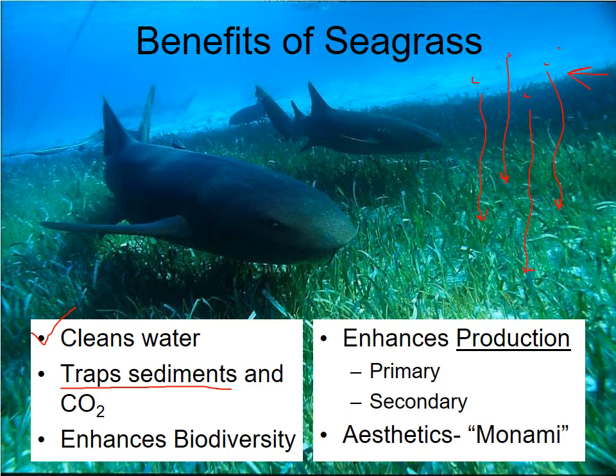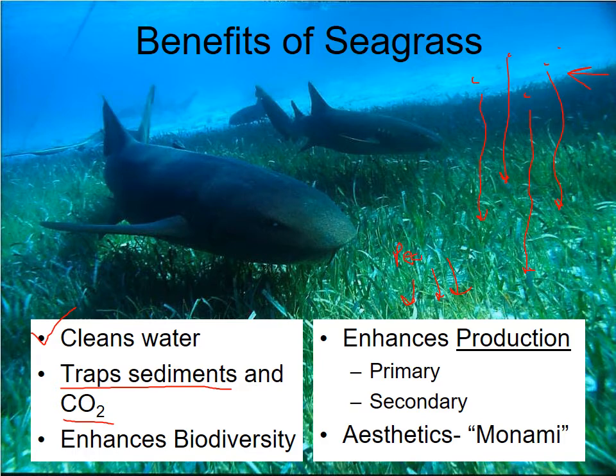Seagrass also traps carbon dioxide, because when seagrass grows, it absorbs carbon dioxide from the water and incorporates it in its roots and blades. And a lot of the seagrass roots and blades, instead of decomposing quickly or drifting away, they'll actually be buried down beneath the sediments of the seagrass bed, and it ends up building up in these layers called peat.